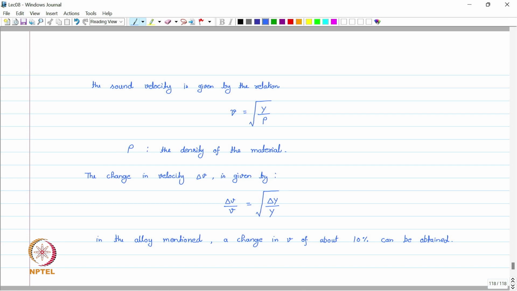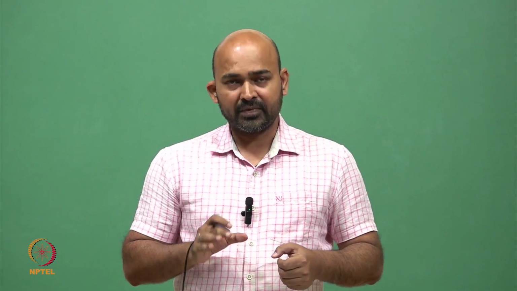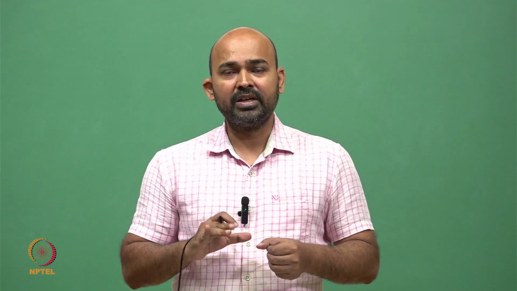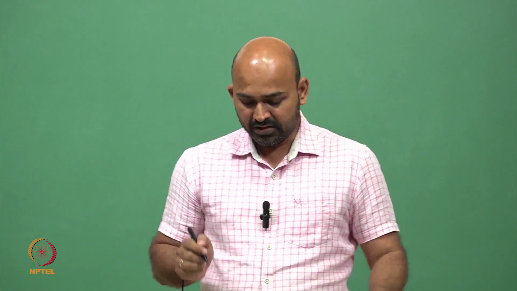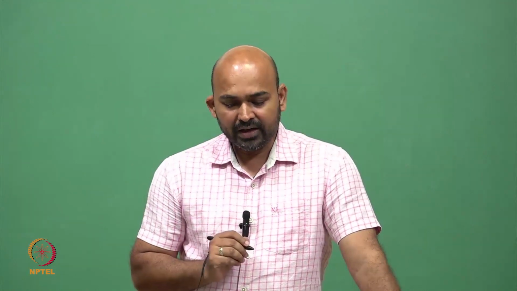Rho is the density of the material, which we assume remains constant. Then delta V upon V, the percentage change in velocity, is equal to under root delta Y upon Y, the change in the Young's modulus of the material. And typically in the alloys, a change of 10% we can achieve easily at room temperature when we apply these magnetic fields. So this is the delay line sensor.